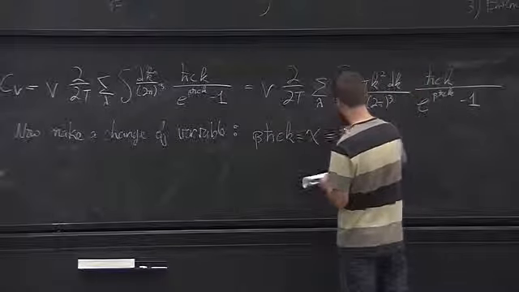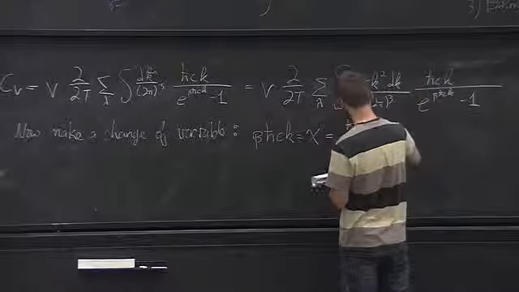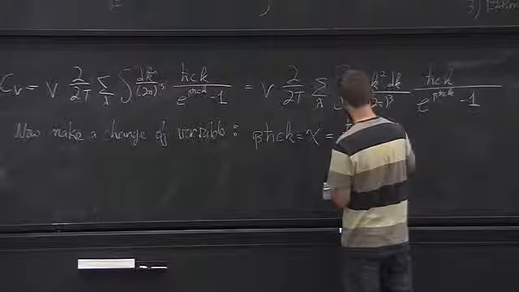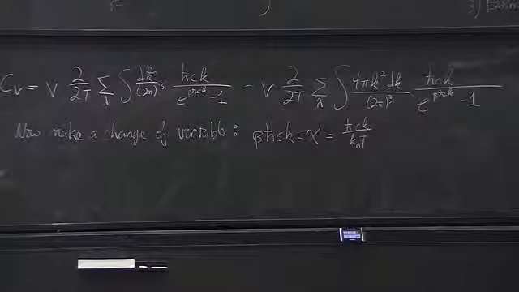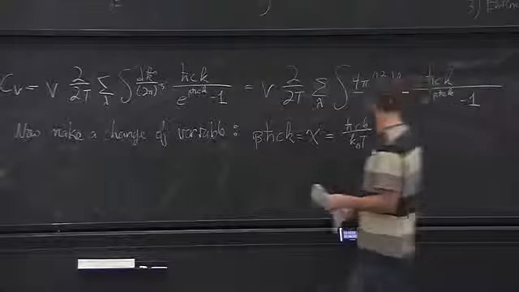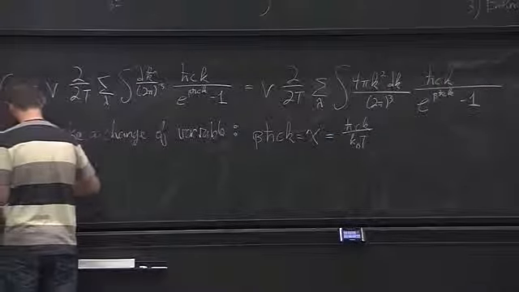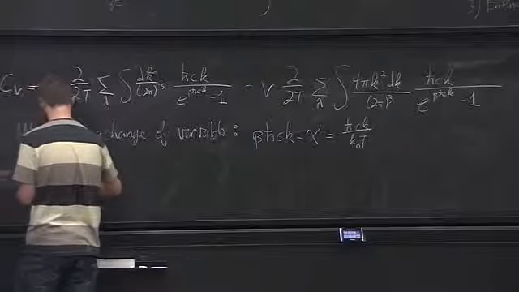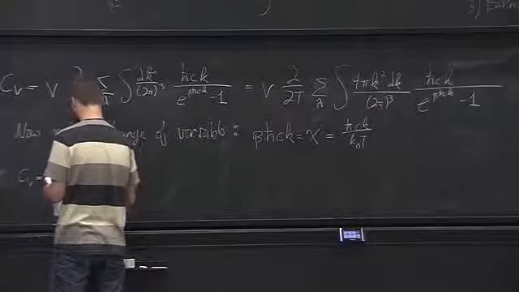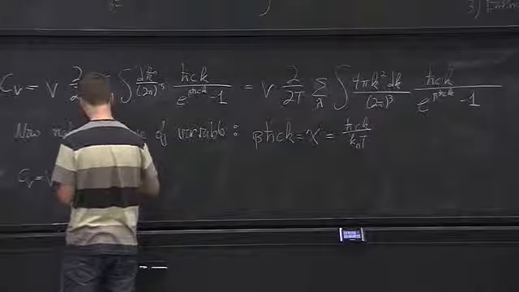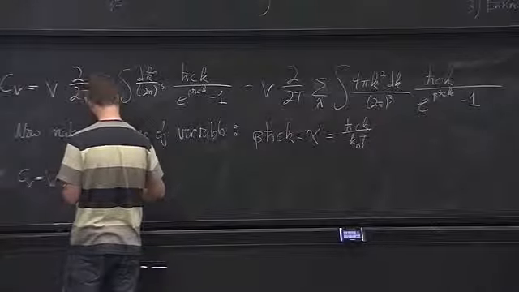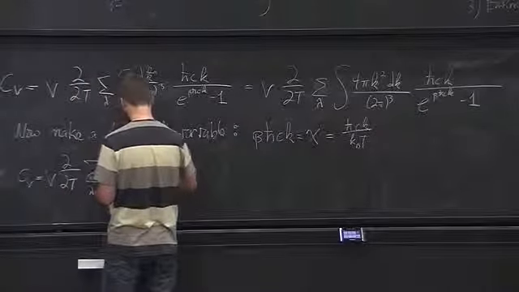And I'll get a temperature dependence because, remember, my beta is just Boltzmann constant times the temperature. That temperature dependence is what I want to look at: the temperature dependence of the specific heat. This is something you should do more than once in your life.